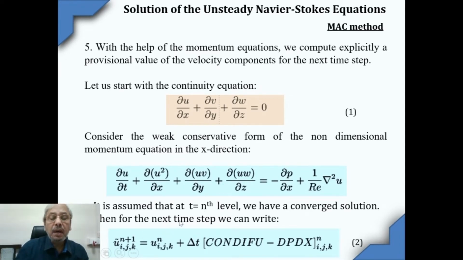From there, for the next time step, we can write for u component of velocity, we have started with the x momentum equation. So obviously the u component of velocity u_ijk at a point ijk at the next time level, that is n plus 1, and we have used another sign, tilde, because there is a reason. This is not really n plus 1, as I said, it is a provisional value.